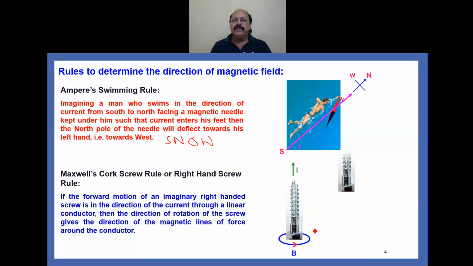Similarly, if the direction of the current is reversed, then the magnetic field lines are in the opposite direction. So here the magnetic field lines are anti-clockwise, and in the second case, when the current is downward, they are clockwise. So the rotation of the screw gives the direction of the magnetic field lines.